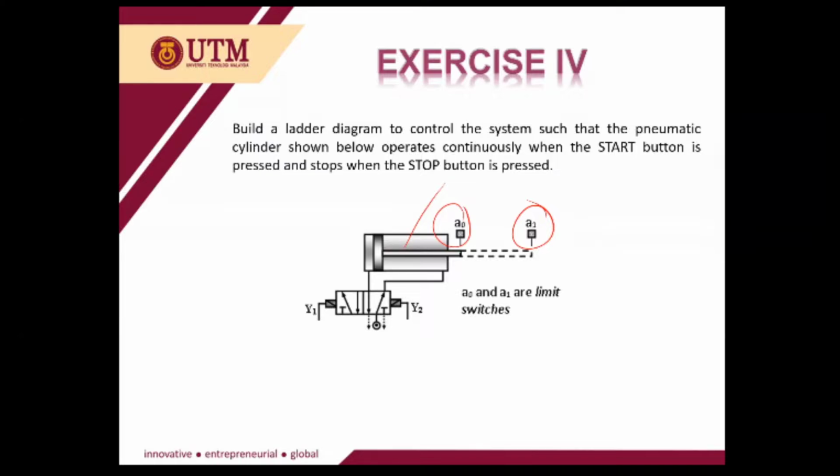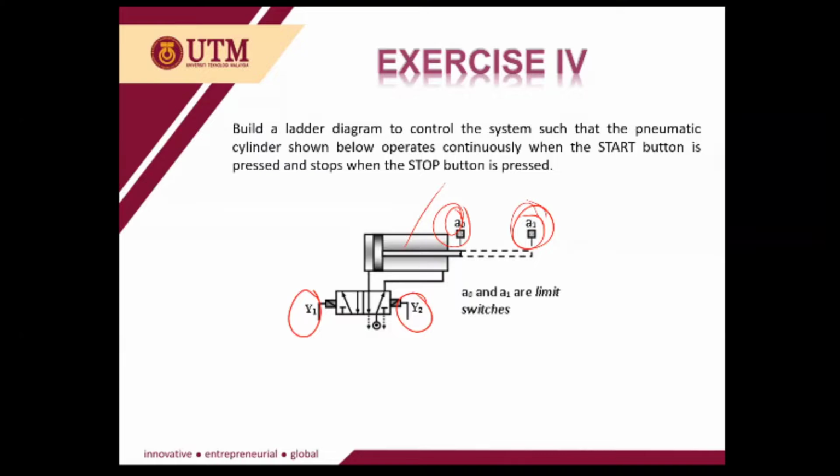So A0 is to detect whether the cylinder is fully retracted. A1 is to detect when the cylinder is fully extended. Then you have this 5-way valve. Remember, a double acting cylinder is controlled by a 5-way valve. And this 5-way valve is controlled by these two solenoids, Y1 and Y2.